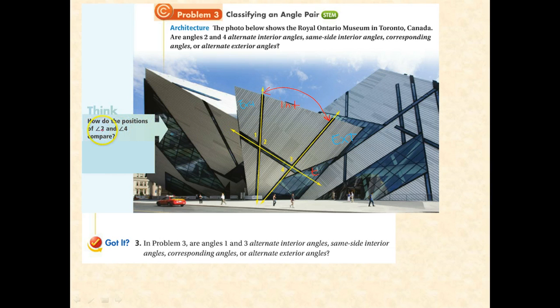So how do the positions of angle 2 and angle 4 compare? Well, they're on the opposite sides of the transversal, and they're in the interior. So we call them alternate interior angles. 2 and 4 are alternate interior angles.